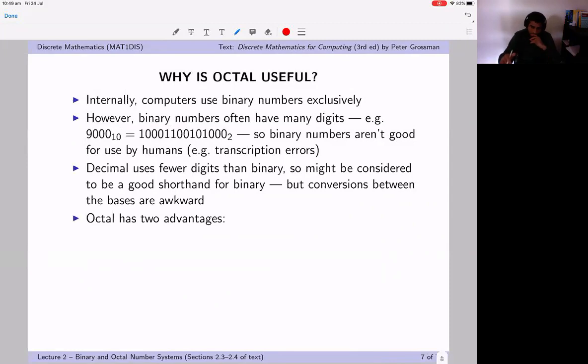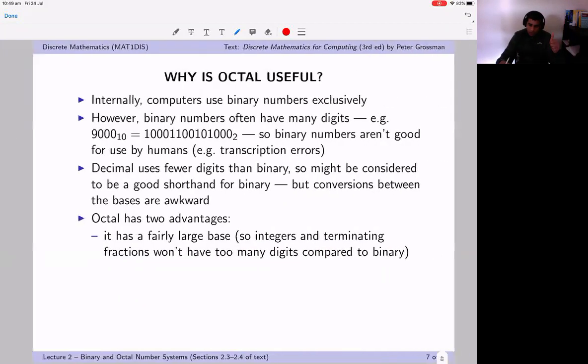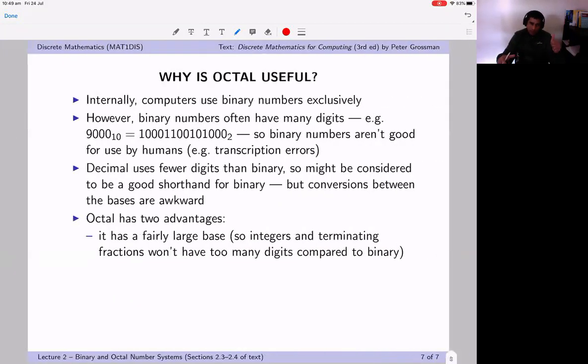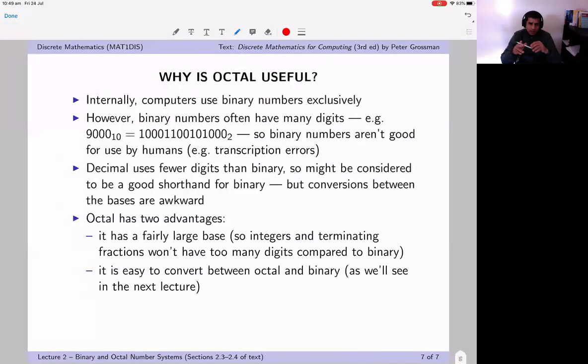So octal has two advantages. One, it has a fairly large base, so integers and terminating fractions won't have too many digits in them. And second, it's easy to convert between octal and binary.